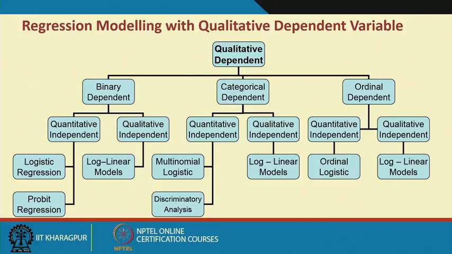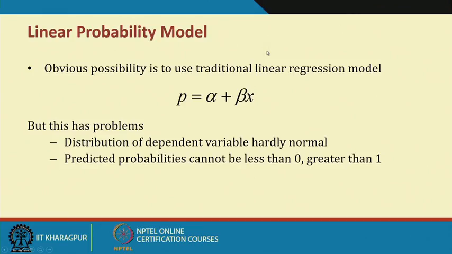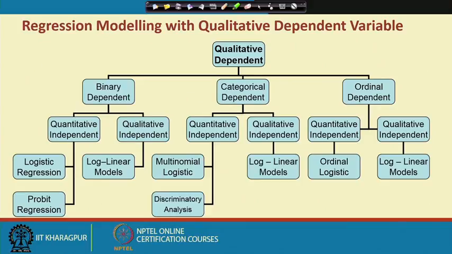We start with the qualitative dependent structure, and we are strictly focusing on dummy dependent modeling. In the binary dependent case it can be with respect to quantitative independent or qualitative independent. For quantitative independent it will go with logistic or probit regressions, which is today's discussion.